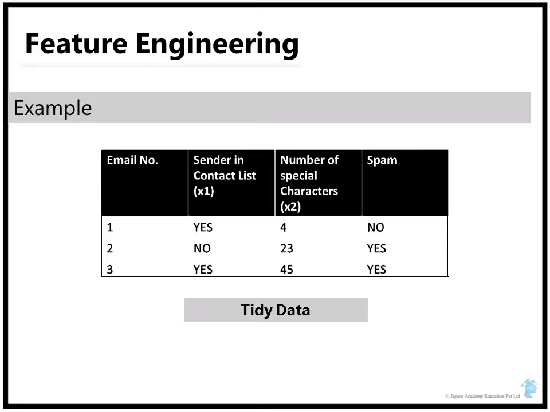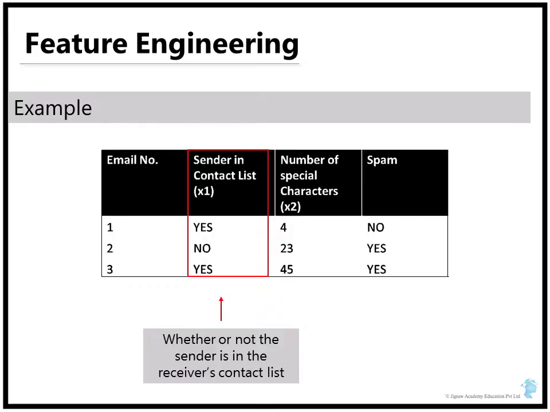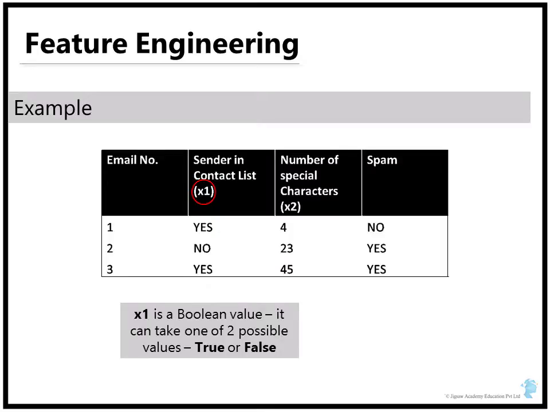Here we illustrate some simple feature engineering using 3 emails. The first feature we can construct is whether or not the sender is in the receiver's contact list. This feature, also marked x1, is a boolean variable that takes one of two possible values, true or false, depending on whether the sender is in the contact list or not.